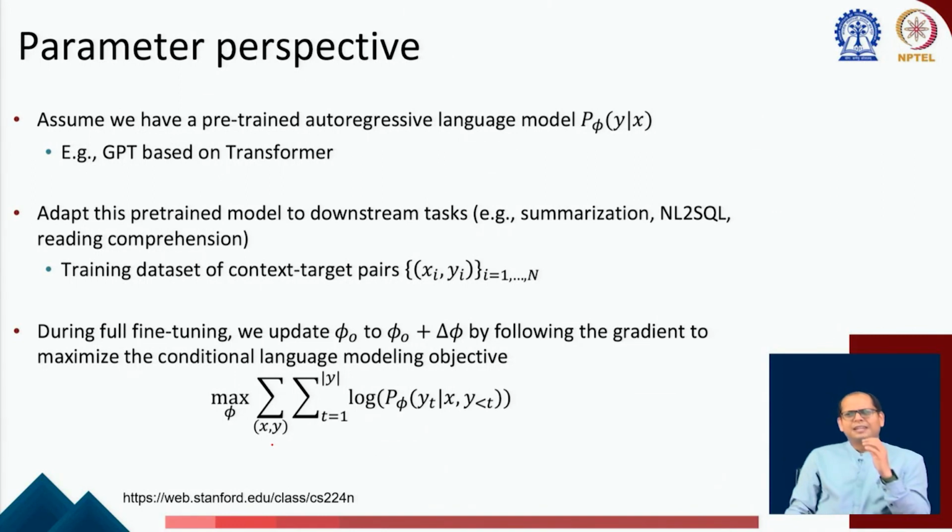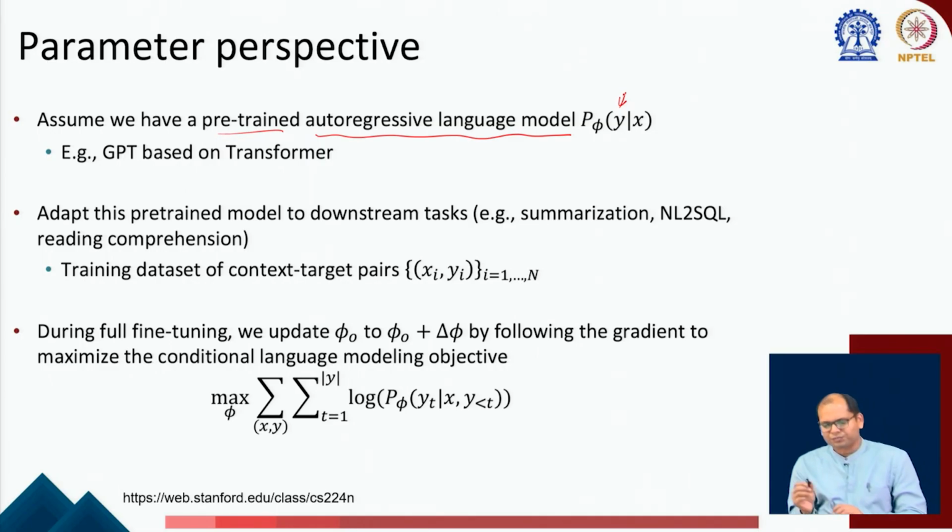So let's go back to our original scenario. What do we have with us? We have a pre-trained autoregressive language model, right? That can give me a probability of y given x. So y can be a sequence, it can be a GPT model or any other kind of architecture.